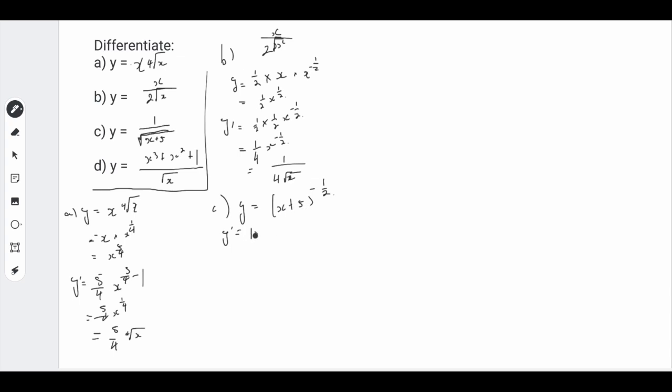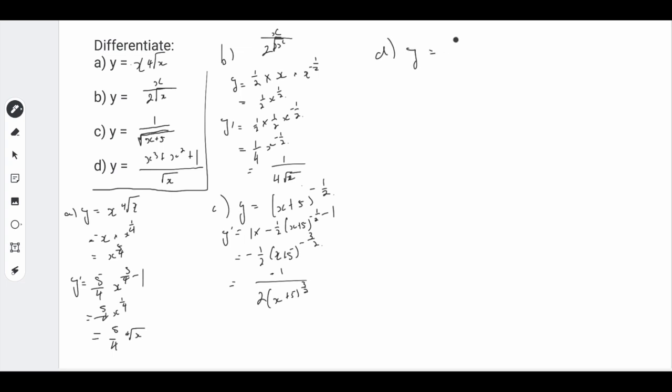So 1 times, bring that negative a half to the front, negative a half, x plus 5, and then minus a half, minus 1. So it becomes minus a half, x plus 5 to the power of minus 3 on 2. And you can leave that however you want, but I'm just going to rewrite that as minus 1 on 2 times x plus 5 to the power of 3 on 2. That's my answer there.